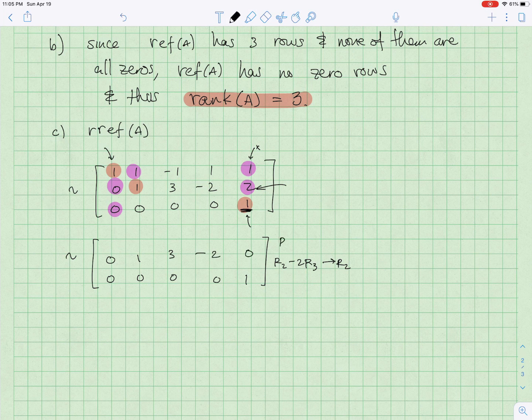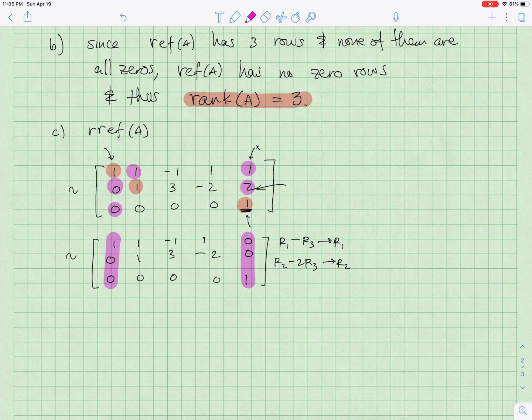And then finally, row 1 minus row 3 as my new row 1 will eliminate that last purple one in the top right. And that's going to give me 1, 1, negative 1, 1, 0. So now this column's cool, and this column's cool originally.